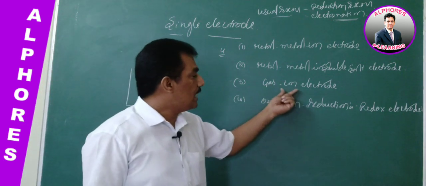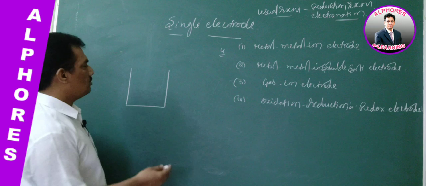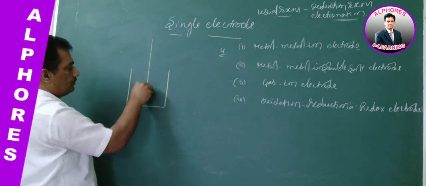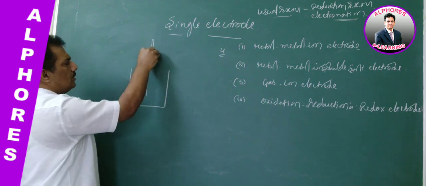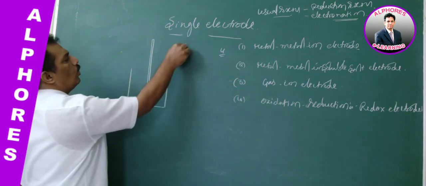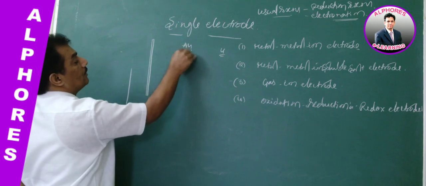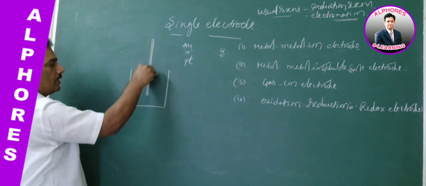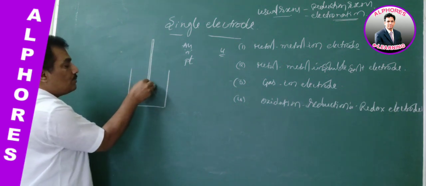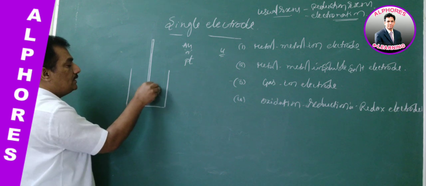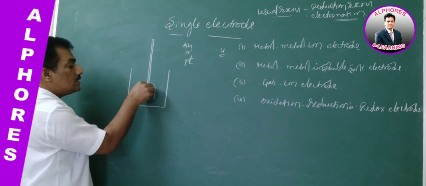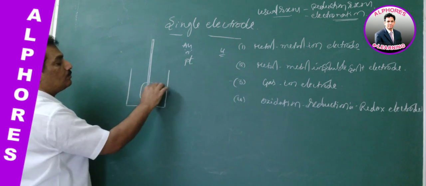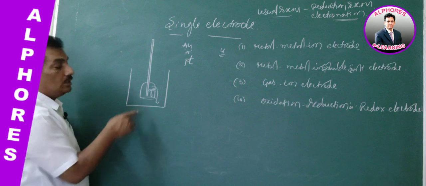Then how to prepare the gas electrode? Simply, you remember, in this type of gas electrode, a neutral metal, the best example being gold or platinum, is taken as a rod, and at this metal rod a glass hood will be arranged, and in this glass hood the required gas will be present, and it is made in contact with the solution.